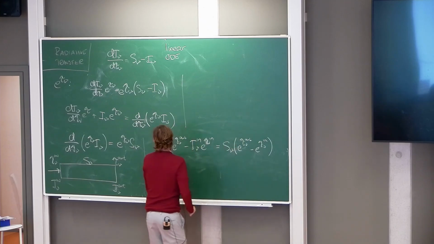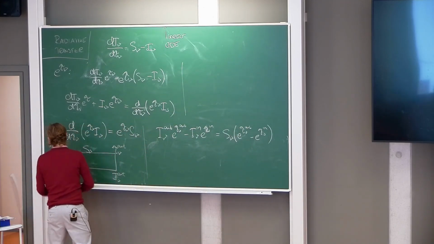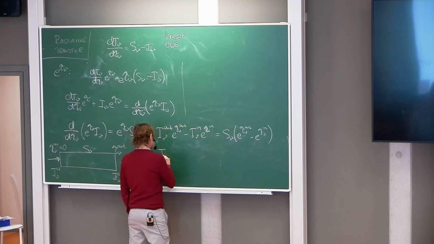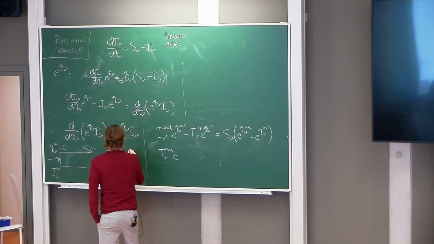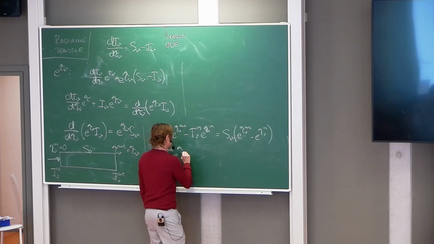All right. And we can just define that the incoming optical depth is 0, and then we can just call this tau nu, so we don't have such tricky notation.